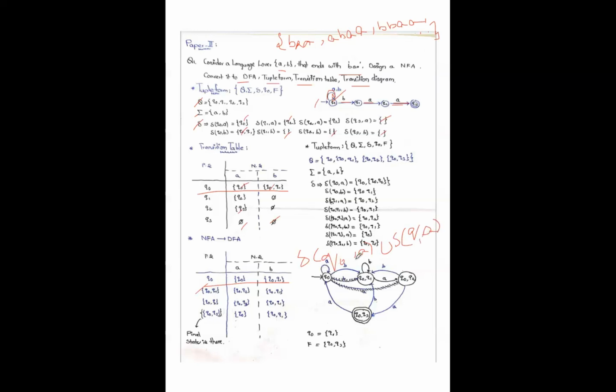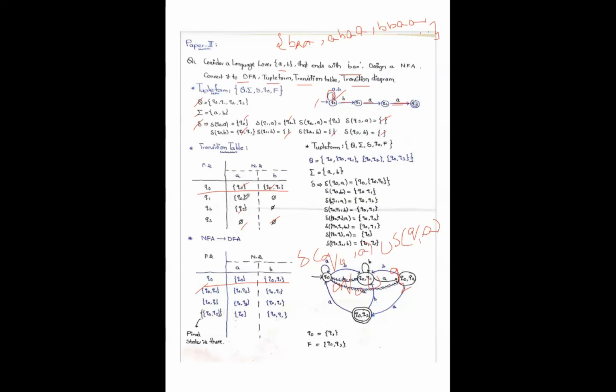Q naught on input symbol A is Q naught itself, so this is Q naught union Q1 on input symbol A, which is Q2. We need to take these values from the NFA table. Q naught on input symbol A is Q naught.